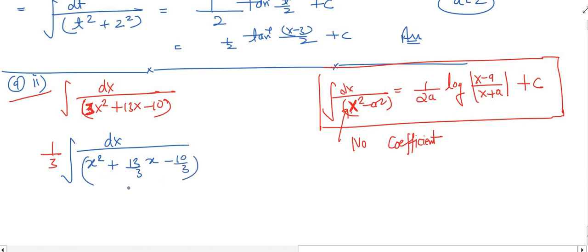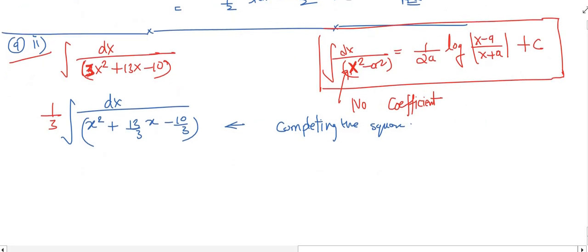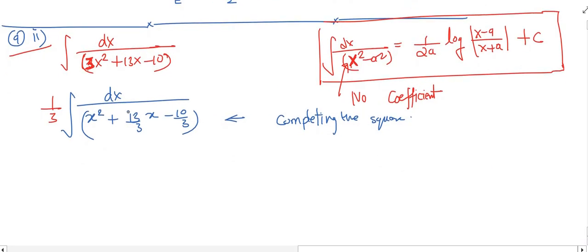Now I am planning to use some formula from the list. So to be able to use it, what will we do? We will do completing the square again. So how to do that method? You remember, we take half of the middle term.